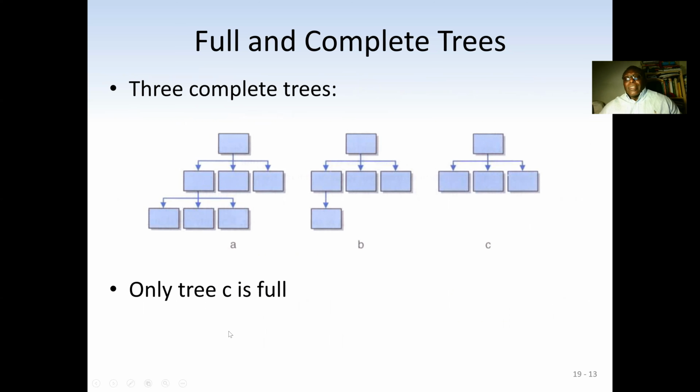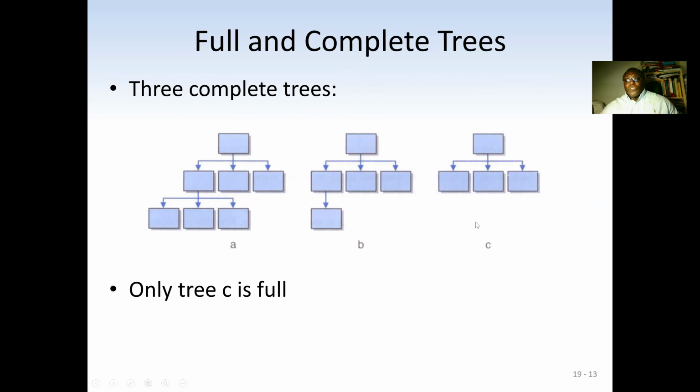A complete tree is a tree in which all the leaves are in the same level or one above. So a complete tree can be a balanced tree also. So this is a complete tree. A, B, C, they are all complete trees.